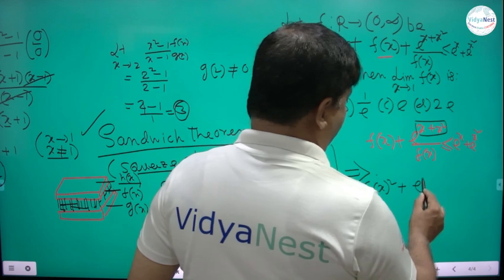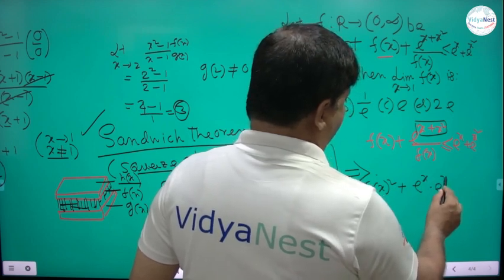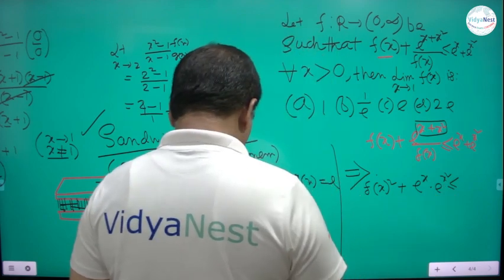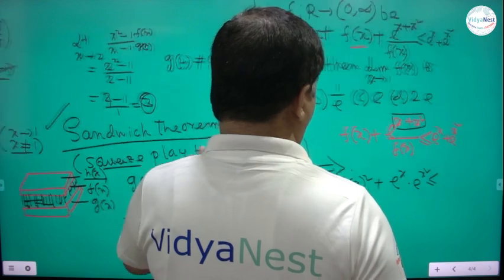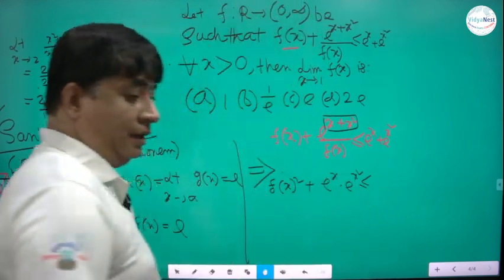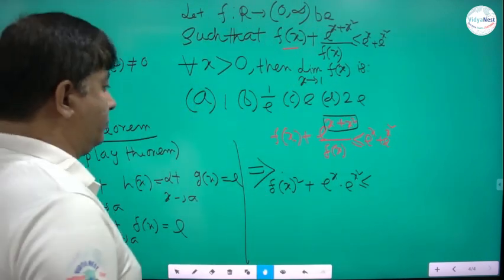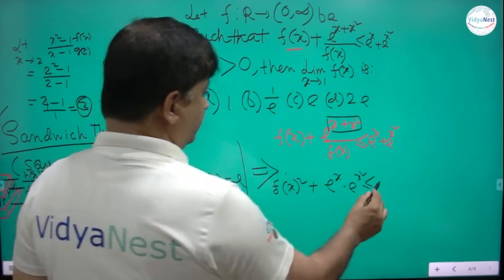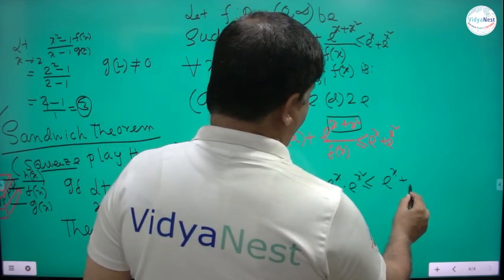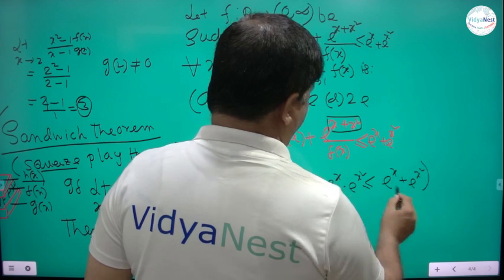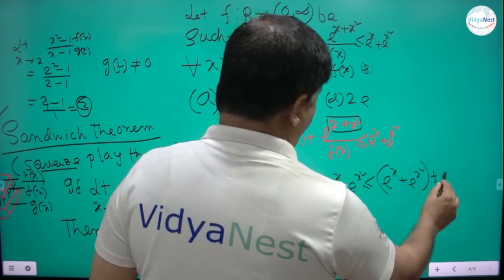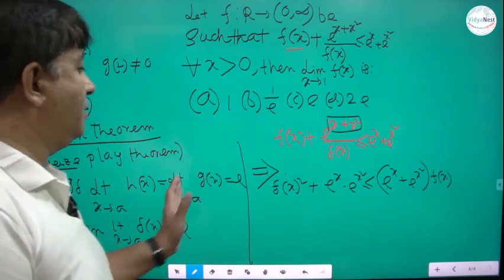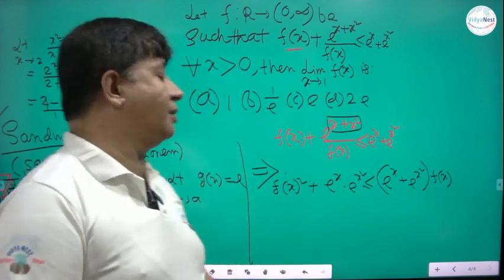Here e to the power x, e to the power x square, less than or equal to... cross multiply. By the simple cross multiply method, we have got this.